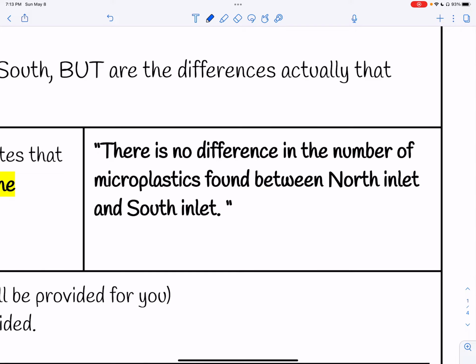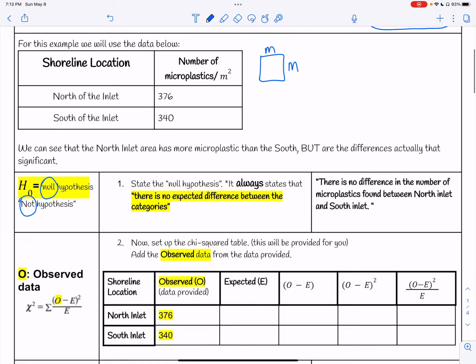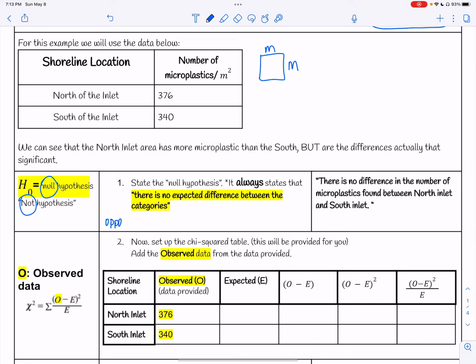The opposite of this is referred to as the alternative hypothesis. I'll write that in there. It's called the alternative hypothesis. And essentially, it's going to say the alternative of your null hypothesis.